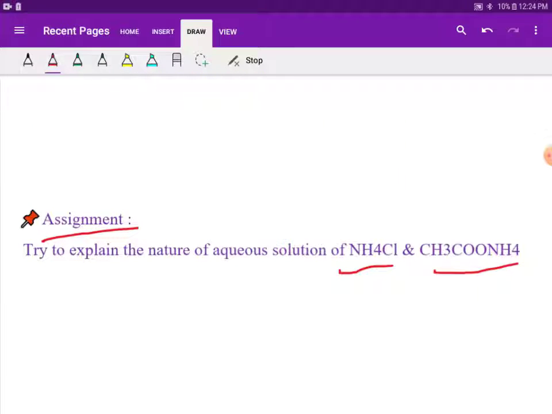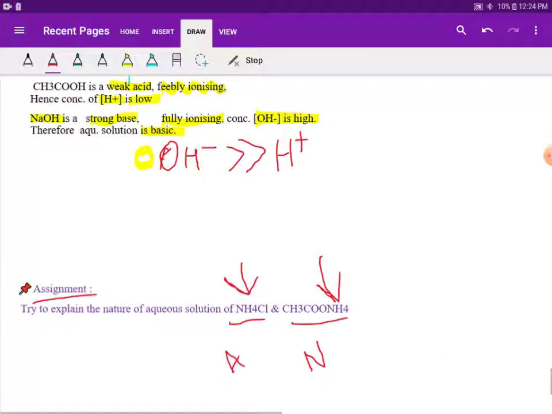The aqueous solution of ammonium chloride is acidic in nature due to hydrolysis, and the aqueous solution of ammonium acetate is neutral due to hydrolysis. Please explain how it happens by explaining the mechanism as I explained in the case of sodium acetate. Consider it an assignment.